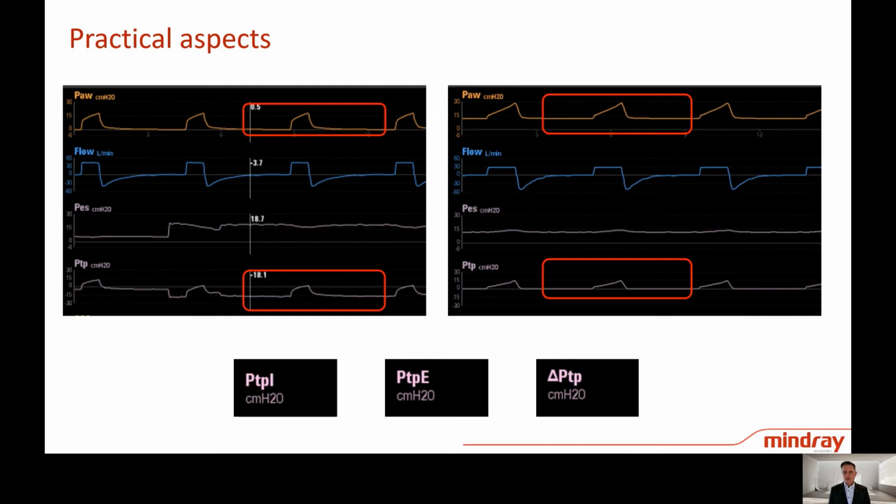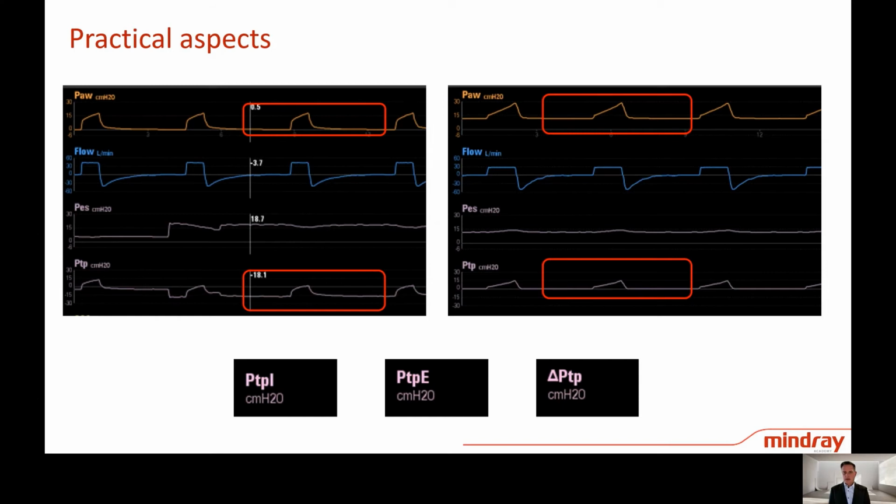Those adjusted settings mean that the PEEP was increased, in this case to around 12 centimeters of water. That also led to an increased end inspiratory pressure that was around 27 centimeters of water.